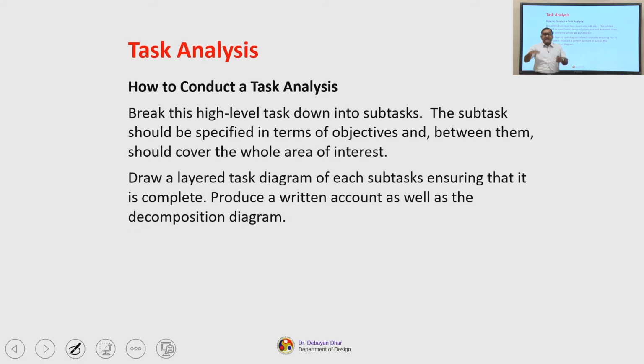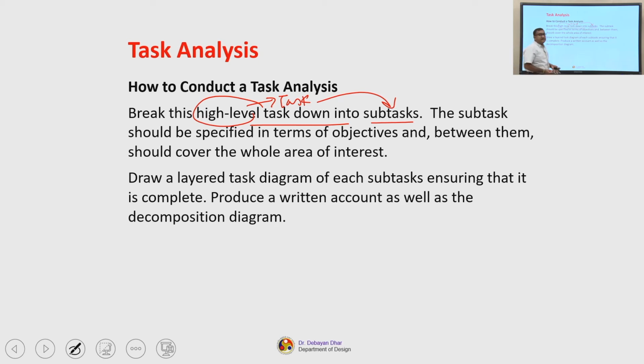Now, break this high level task into subtasks. Every time we are doing a hierarchical task analysis, we need to keep in mind that we need to break down the high level tasks into subtasks. That will ensure that the detailed work practices are identified and studied well.